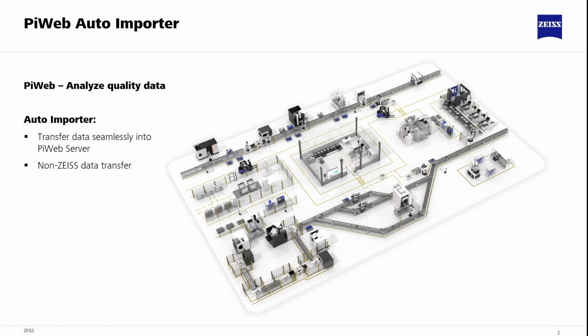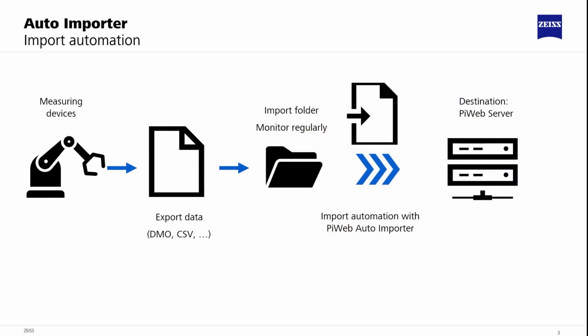However, third-party measurement software does not always provide a suitable interface for data transfer. Instead, you need to export the measurement data into a PiWeb-compatible file format, such as CSV, DMO, text, etc. Refer to the tech guide to see more import format options. With PiWeb Auto Importer, you can then import these files seamlessly into PiWeb server.